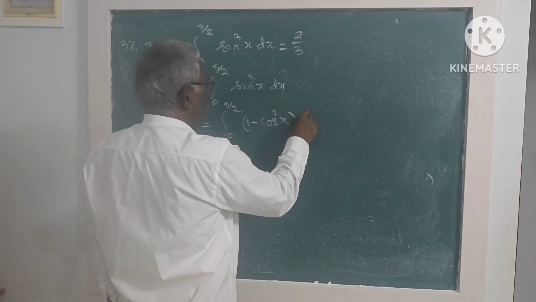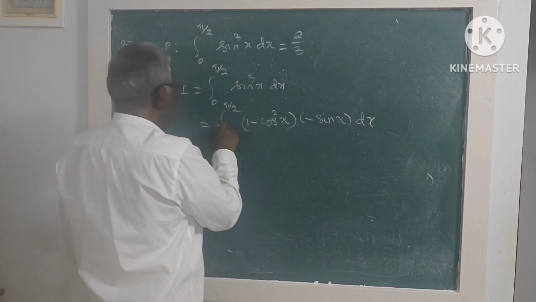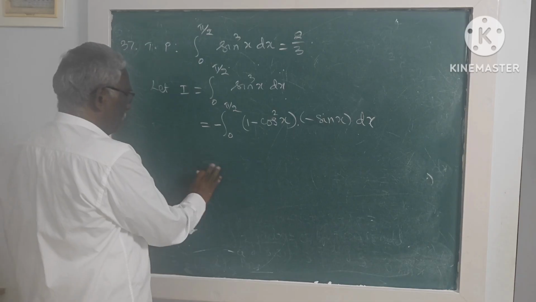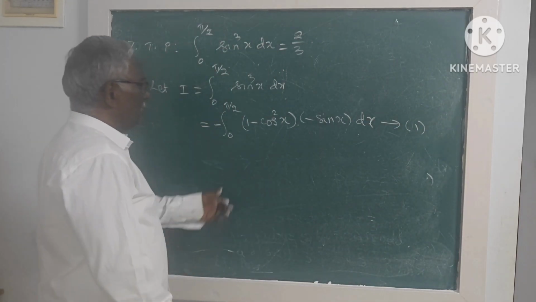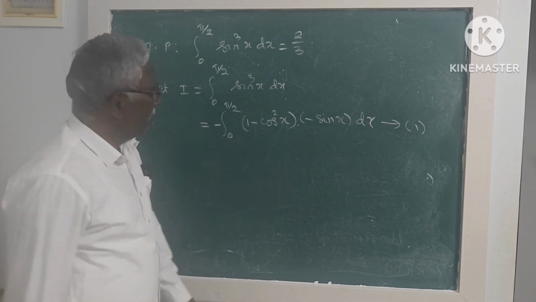We differentiate cos x, minus sine x will come, so I am putting one more minus here. So sine square x, minus into minus plus, sine x is sine cube x dx is there.